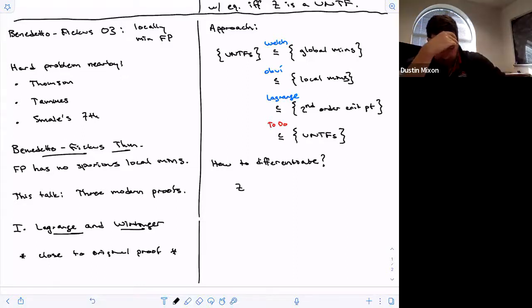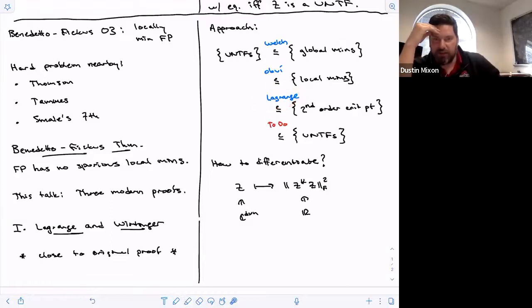Like I have a matrix Z and it's being mapped to its frame potential. The thing is that Z is a complex matrix and this is a real number. The theory of Lagrange multipliers is very much a real theory.